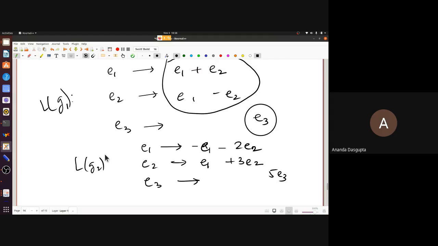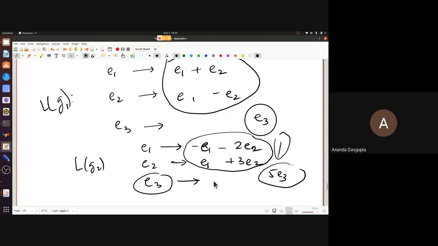You can see that under LG2 also, E3 only mixes with its own self, which is hardly mixing. It just comes back. But the two vectors E1, E2 keep on mixing among themselves. Mixing here just means they linearly combine among themselves, but they don't mix with E3. There is no E3 here. Similarly, E3 does not mix with E1, E2.